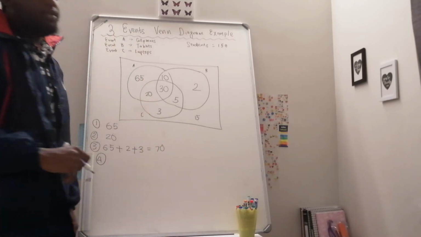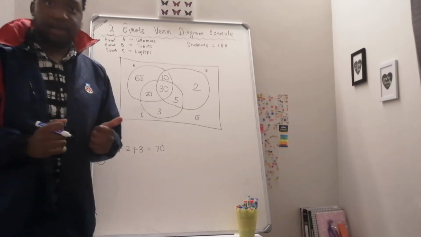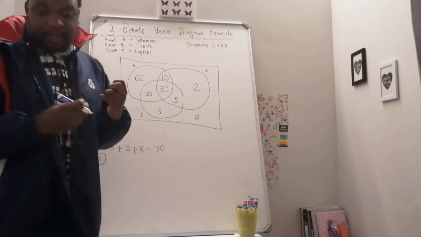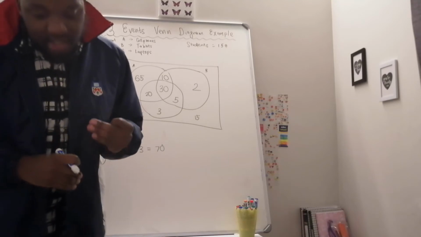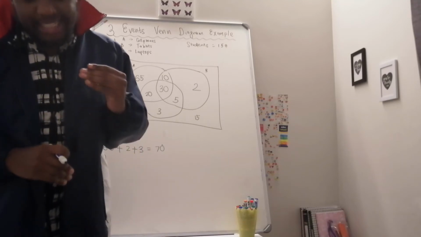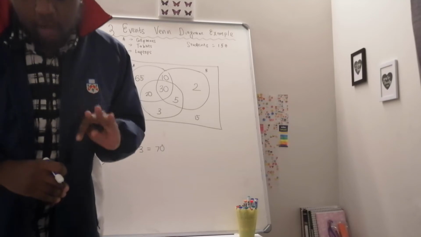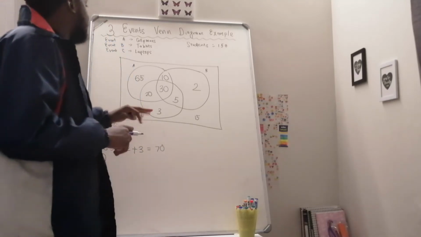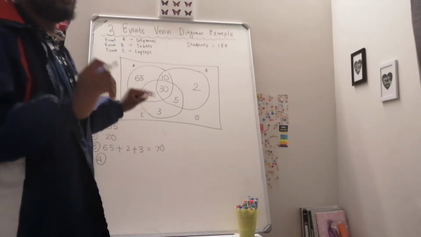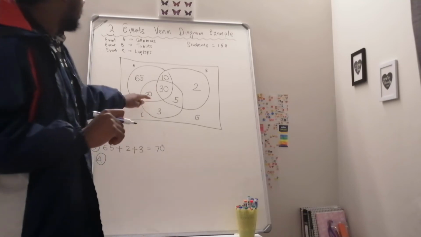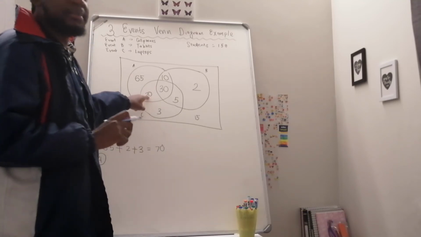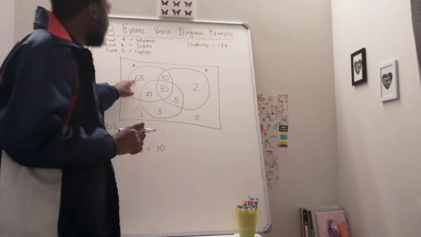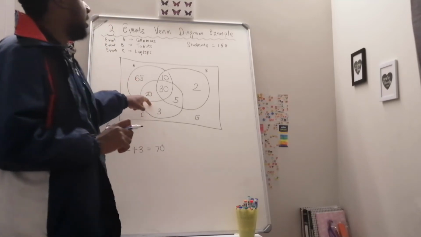So now we're done on number 3. I hope you're with me so far. Number 4 asks us, how many of the teenagers surveyed owned exactly 2 of the 3 devices? So that's 20. This is people that own a cell phone and a laptop.